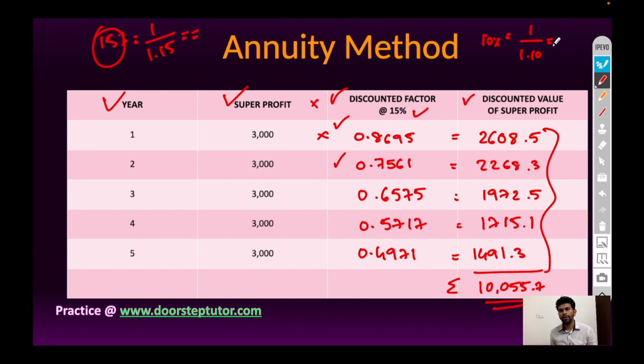By clicking on equal sign, we get discounted factor for the first year, then again equal sign for the second year.